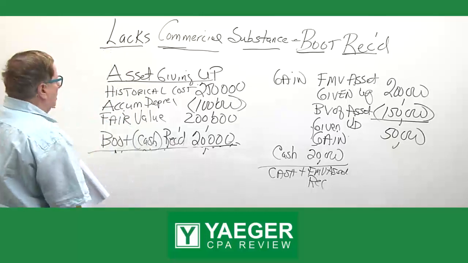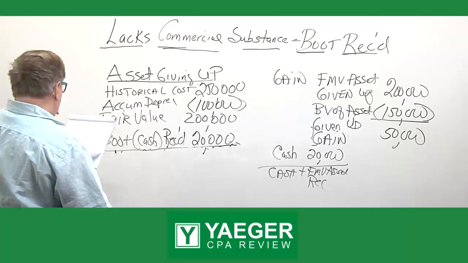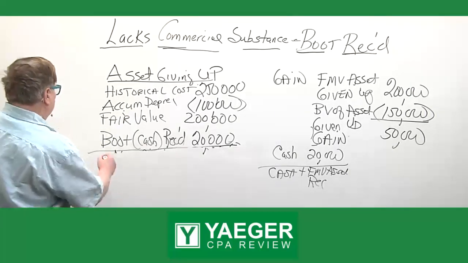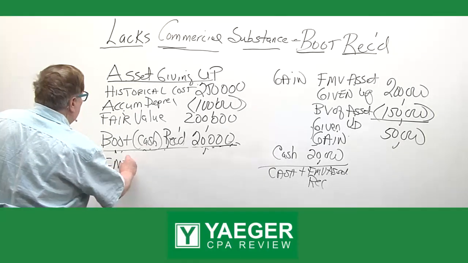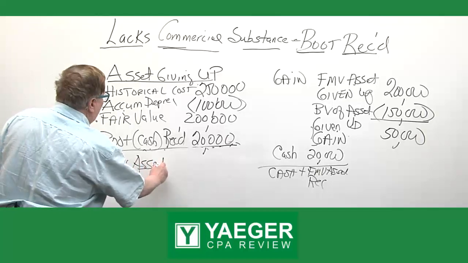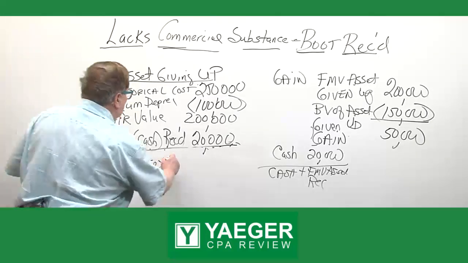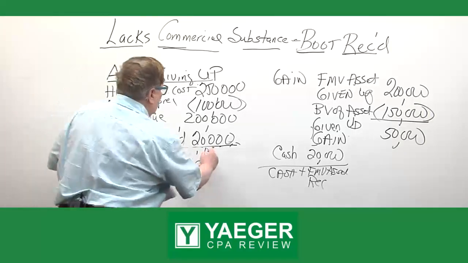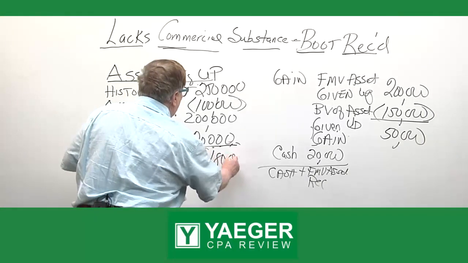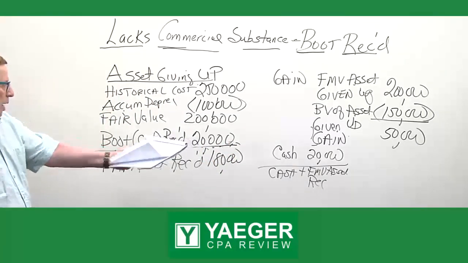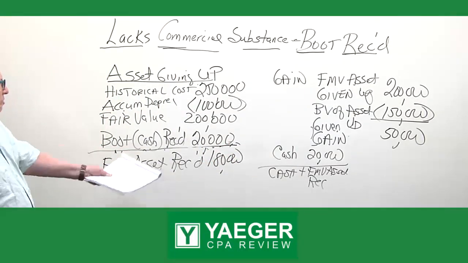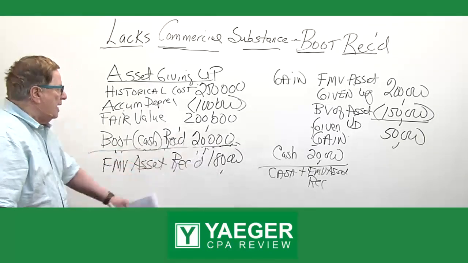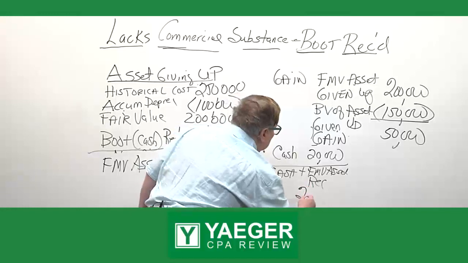First of all, I didn't give you the fair market value of the asset received, did I? I'm sorry, I just left that out. Fair market value of asset received is $180,000. So here we go. Cash, 20, divided by cash of 20, plus the fair market value of the asset received, 20 plus 180 is $200,000.